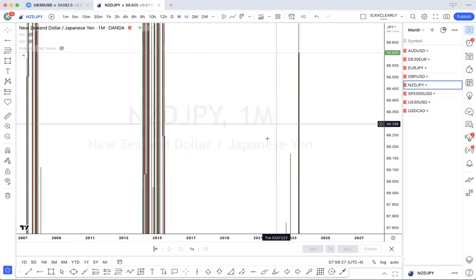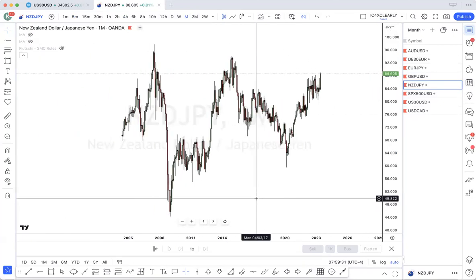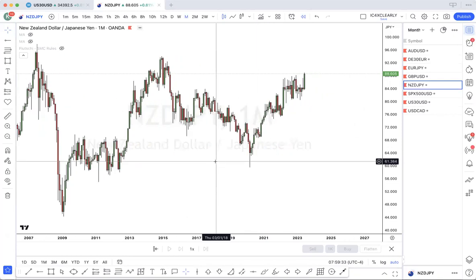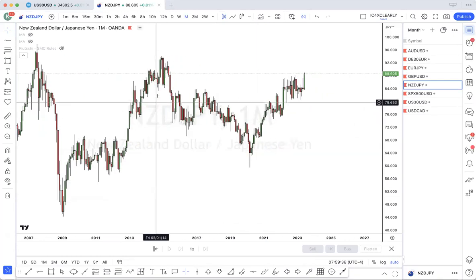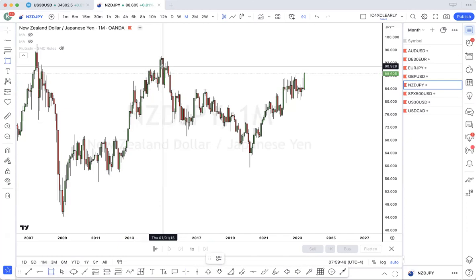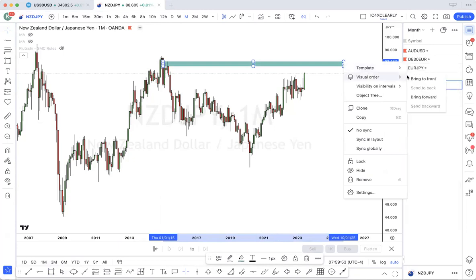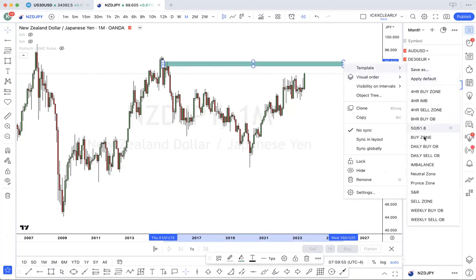NZDJPY on the monthly. The low has already been tapped into. So it could be coming back to the wicks of this. We don't know.